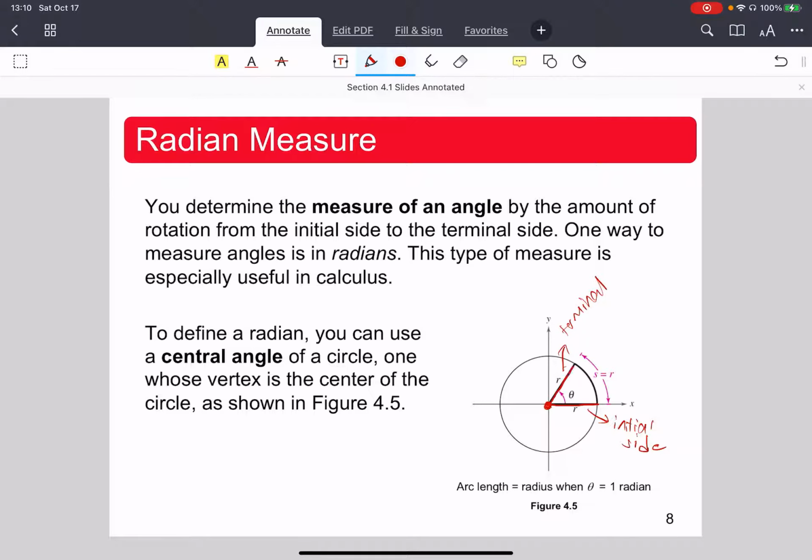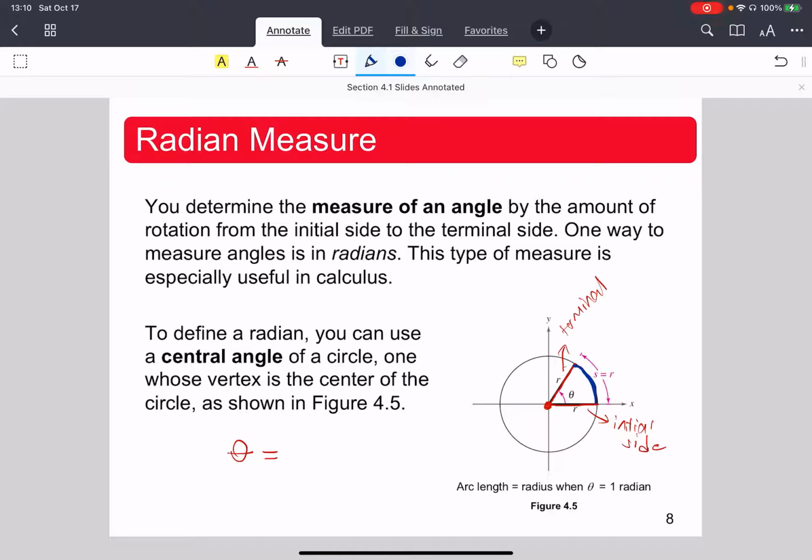You'll realize the initial side and terminal side have the same length, which is the radius of the circle, r. One way we can measure this angle theta is to look at the arc length it creates. Do you see this blue arc length right here?